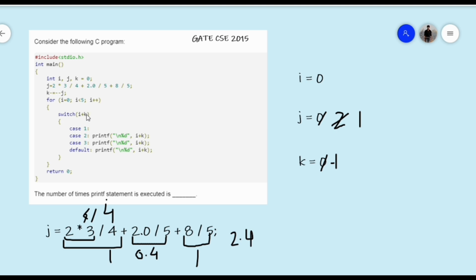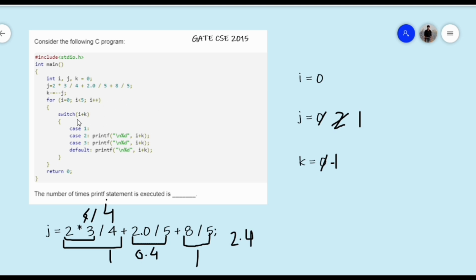The value that is changing is i, from 0 to 4, because here i less than 5 is written. So for values of i 0, 1, 2, 3, 4, this for loop will be executed.